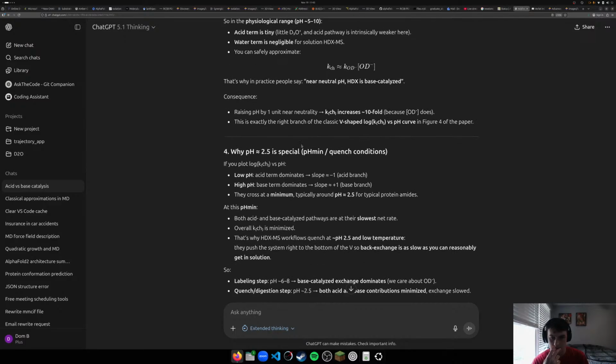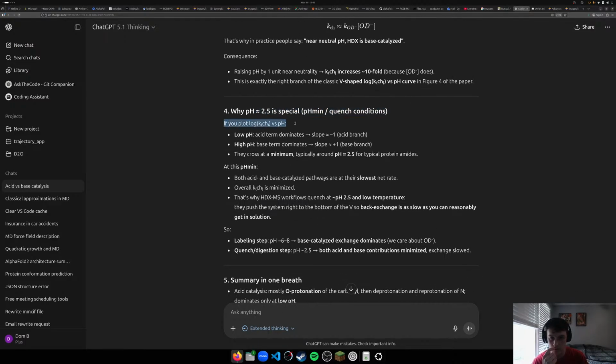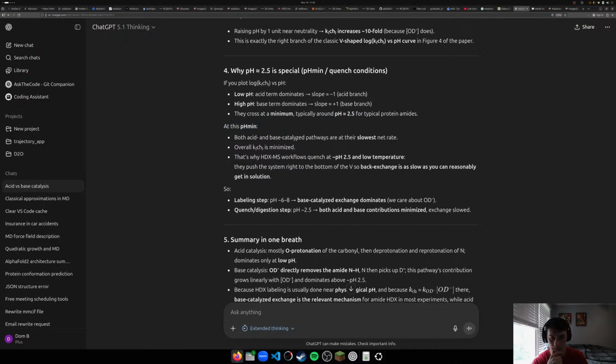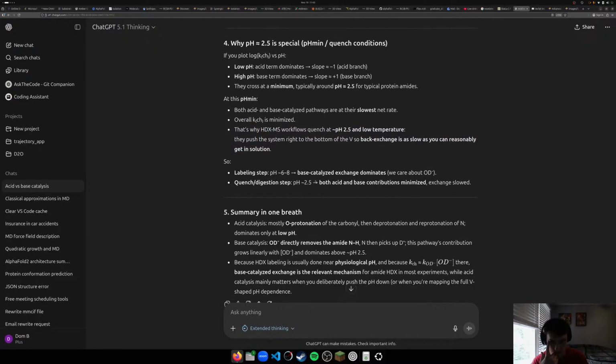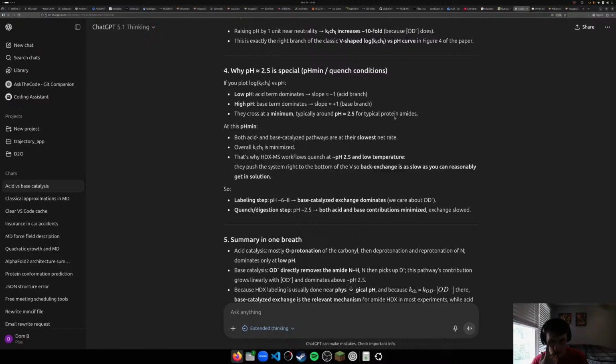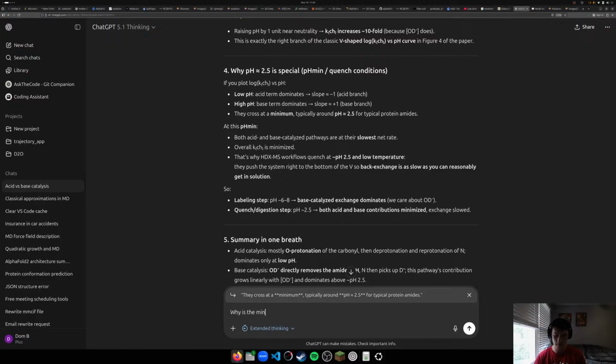They cross the minimum typically at their slowest net rates overall. That's why they push the system right to the bottom of the V. So I still don't know exactly why. Why is the minimum here?